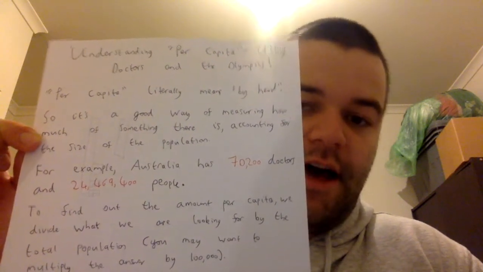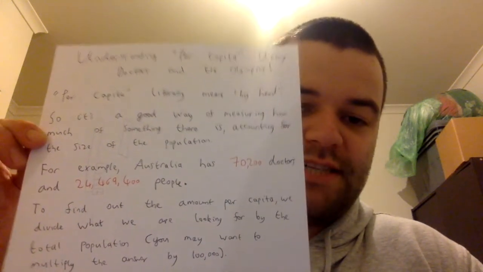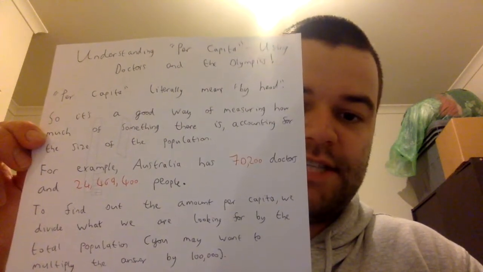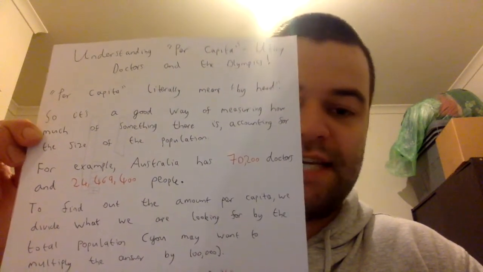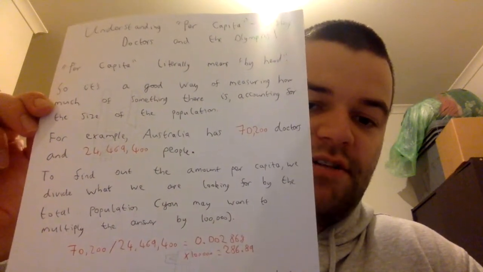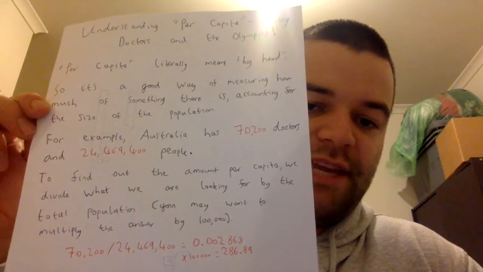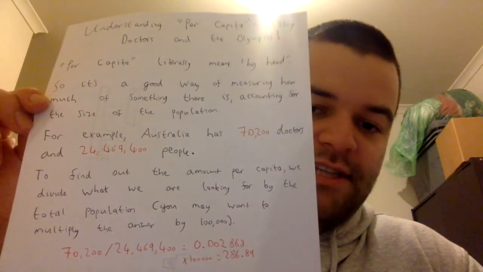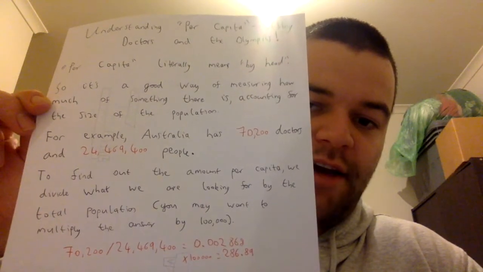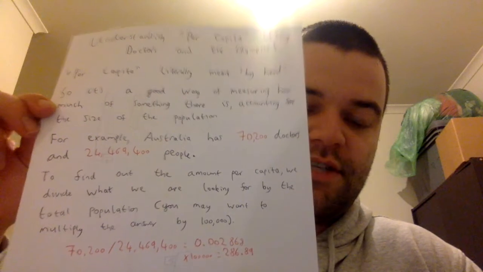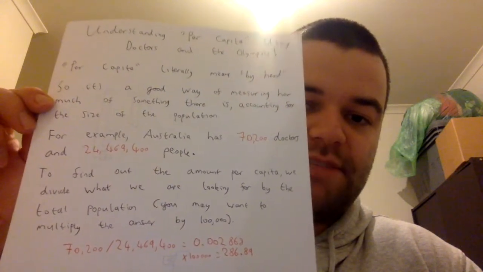And then it's sometimes quite helpful to multiply your answer by 100,000 just to give you a comparison that's a bit easier to see than a small decimal number. So if I do 70,200 divided by 24,469,400, then times the answer by 100,000, that gives me 286.89. So that means there are 286.89 doctors per 100,000 people in Australia.